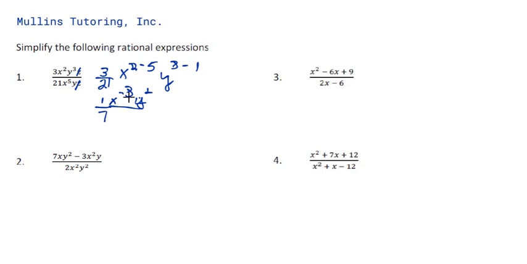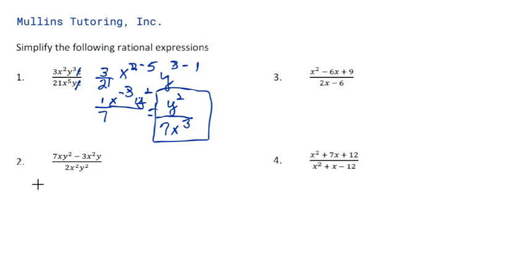So since the x to the negative 3 is in the numerator, we will flip it and put it in the denominator, and that will turn the negative into a positive. And so we'll end up with y squared, because that's positive, over 7x to the third power. And that would be our final answer.